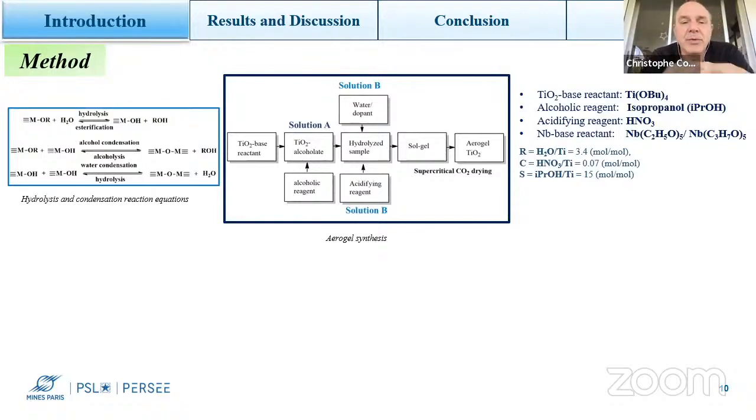So you obtain your aerogel, and then you make a calcination step. Yes. Our calcination temperature was 550 degrees. Why did you choose such a high temperature?